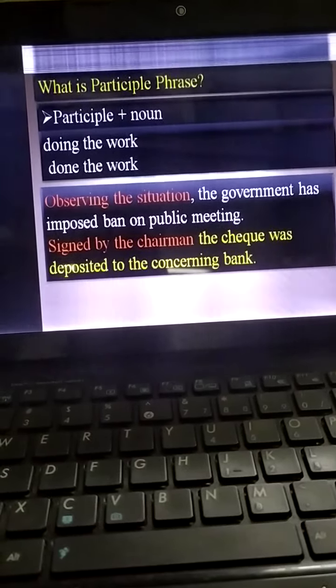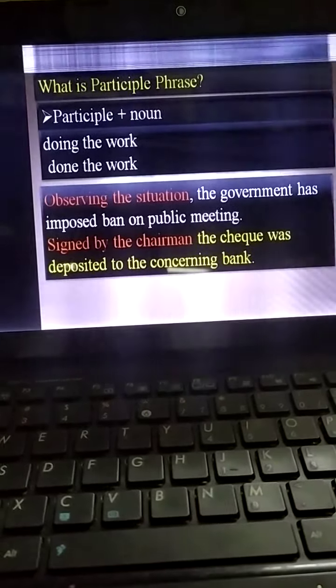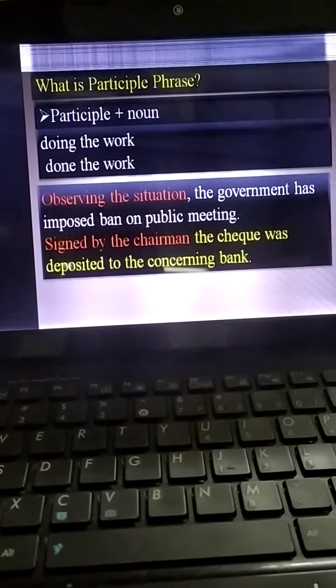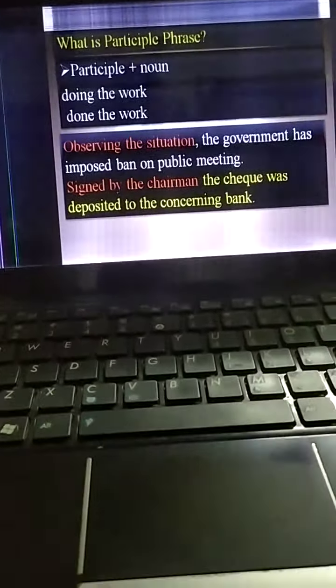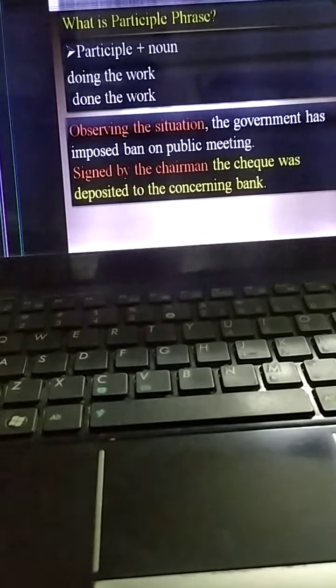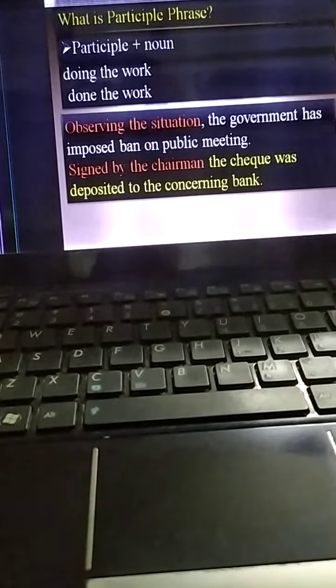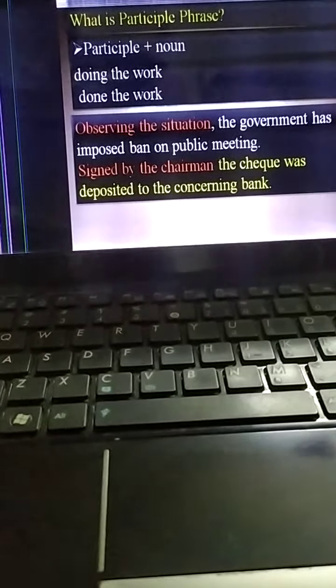Signed by the chairman, signed past participle, by the chairman noun, and this is past participle phrase. Observing the situation, present participle phrase, signed by the chairman, past participle phrase.